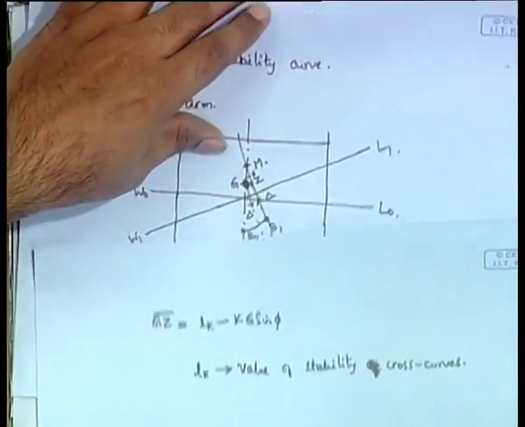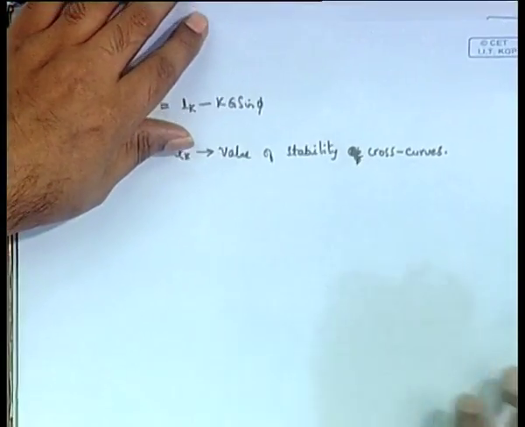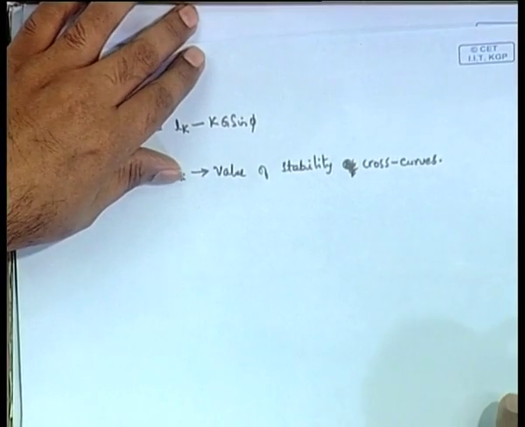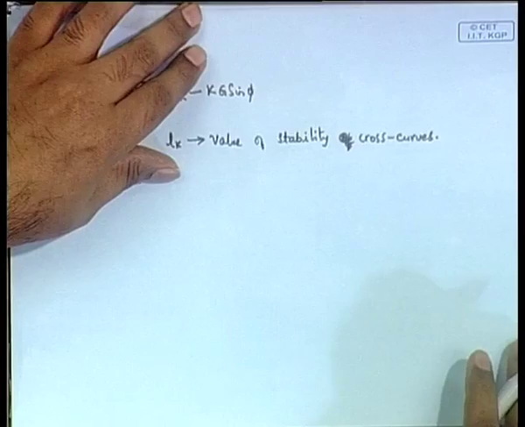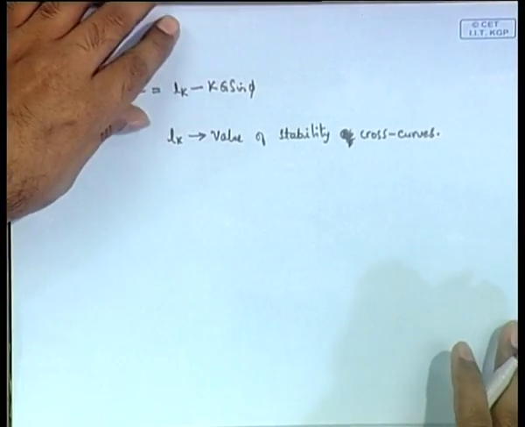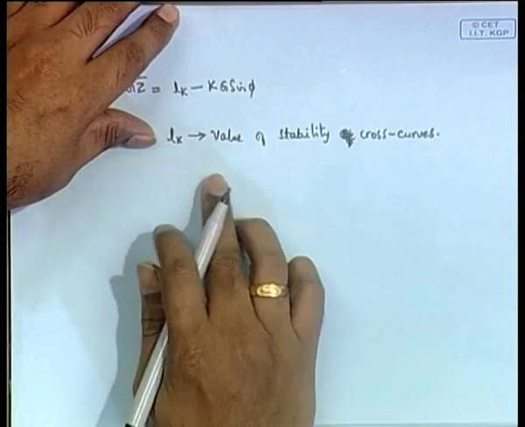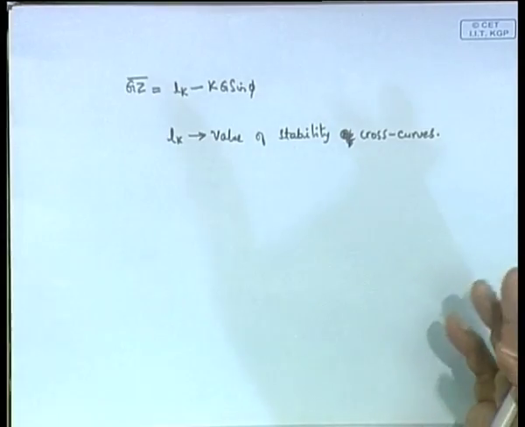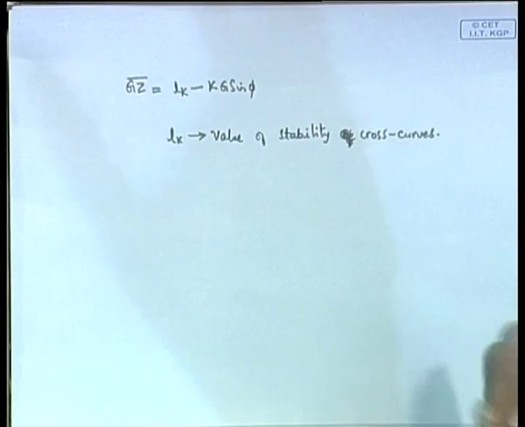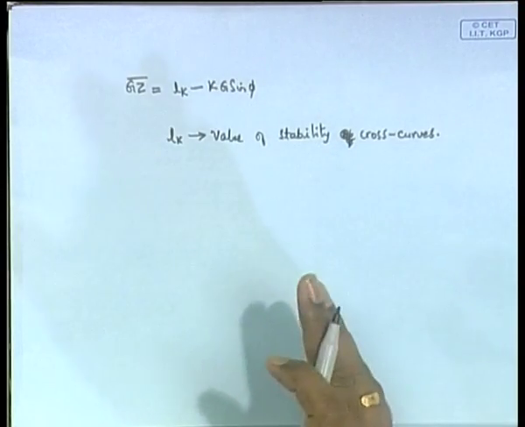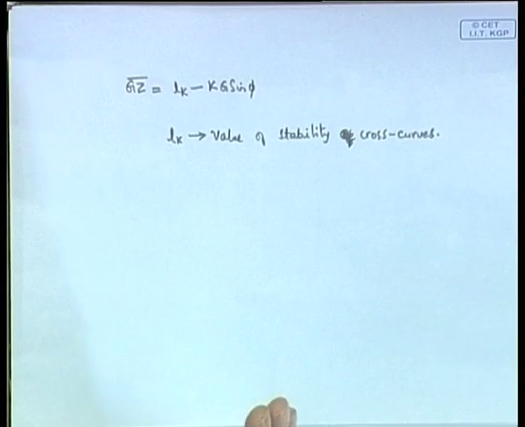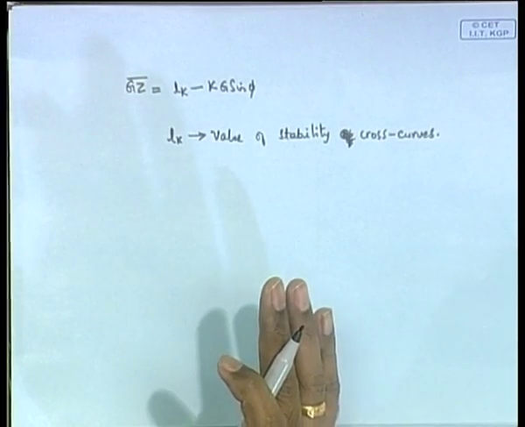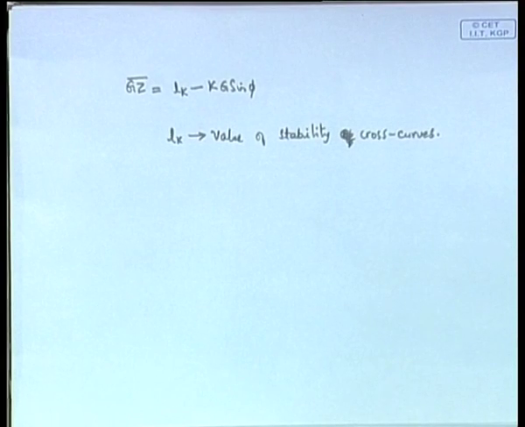It is known as the value of stability cross curves, or it is also known as the lever arm of stability of form. All those names are actually LK, we do not really use it. I am not going to go too much into that, because LK is not our main interest. Our interest is GZ, but just know that LK is known as the value of stability cross curves.